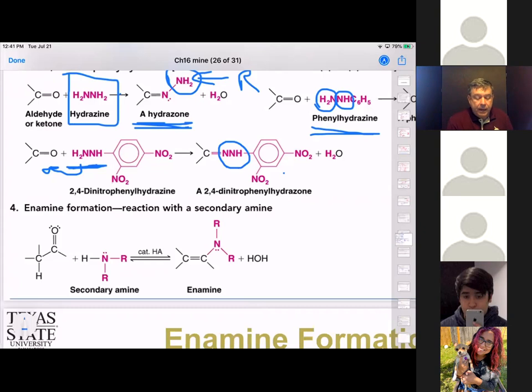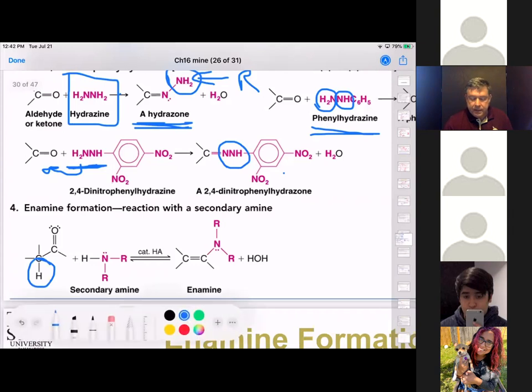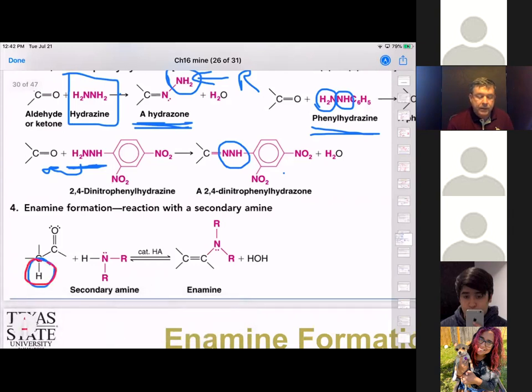However, if there's an alpha hydrogen, if there's a hydrogen next to that carbonyl, there it is. All right. If there's a hydrogen next to the carbonyl here, we can actually form a double bond next to that bonded nitrogen.